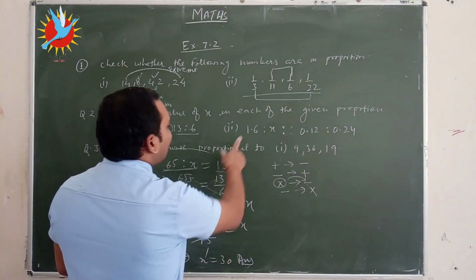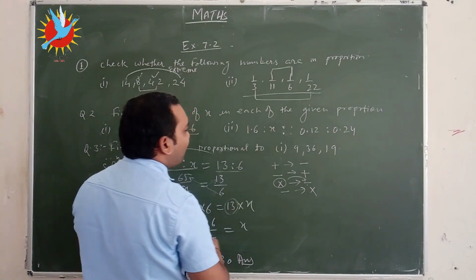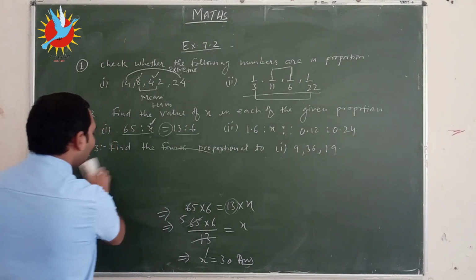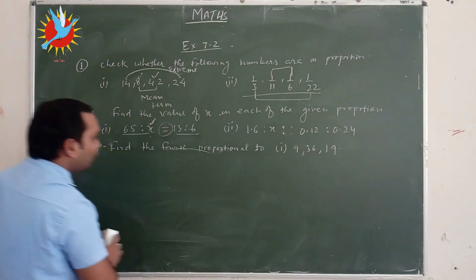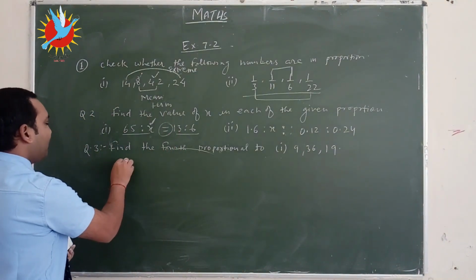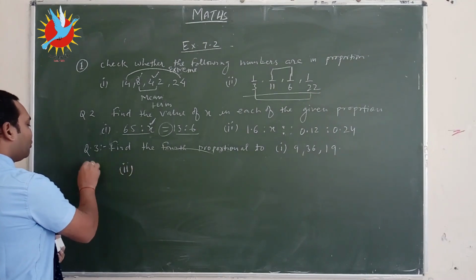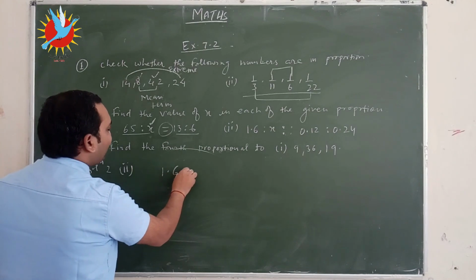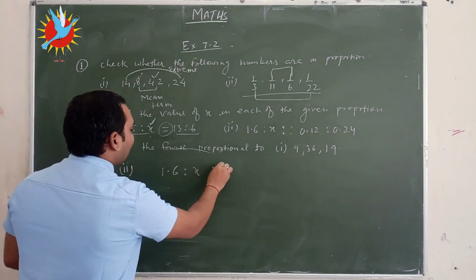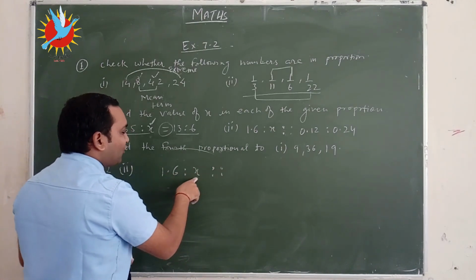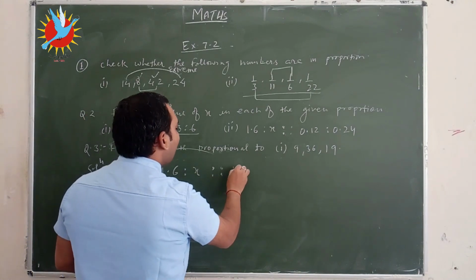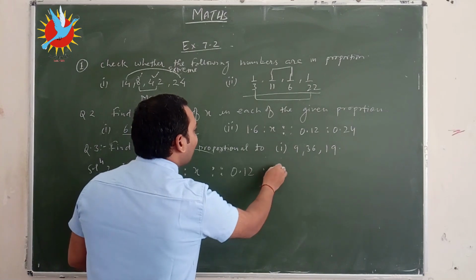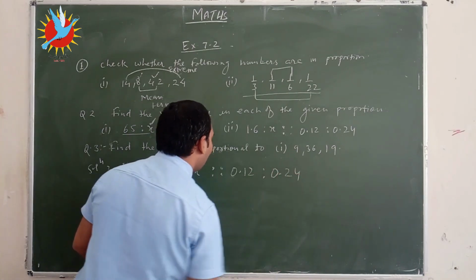Same here also, 1.6 is to x proportion 0.12 is to 0.24. The proportion is given. Second part of the solution: 1.6 ratio x proportion 0.12 ratio 0.24.